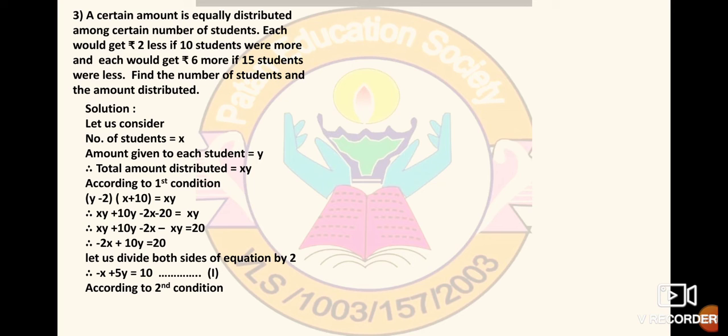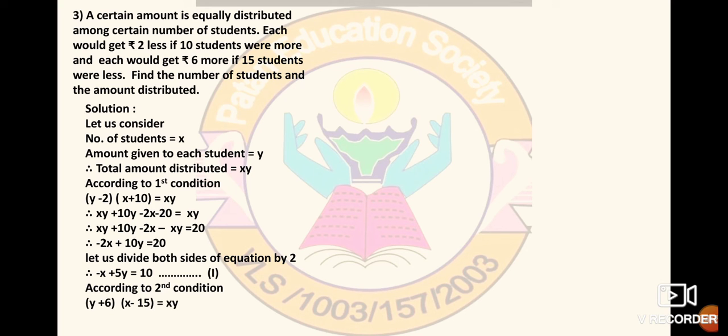Now according to the second condition, each would get rupees 6 more. The amount given to each student is y, and rupees are more, so y plus 6. When 15 students were less, x becomes x minus 15, and their product remains xy as the amount is not going to change.